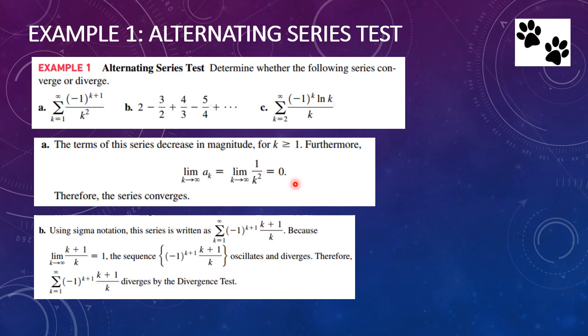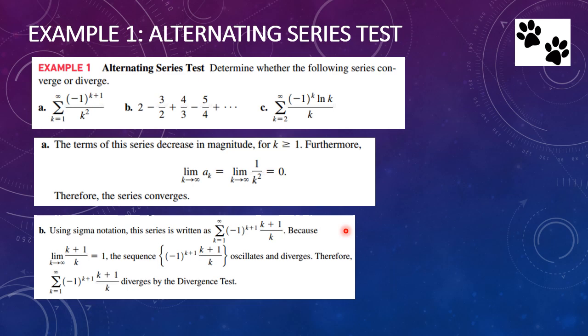If we look at series B, and we use sigma notation, we can rewrite this as k plus 1 over k for our sequence, okay?